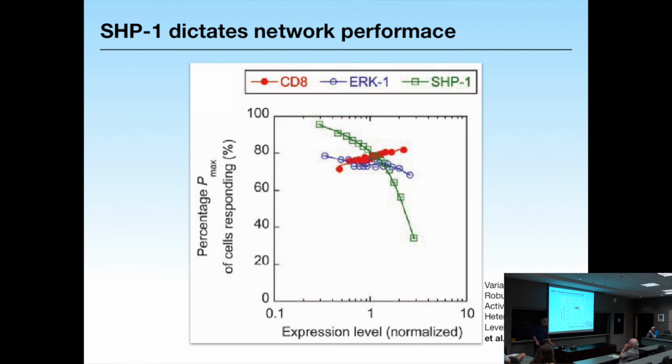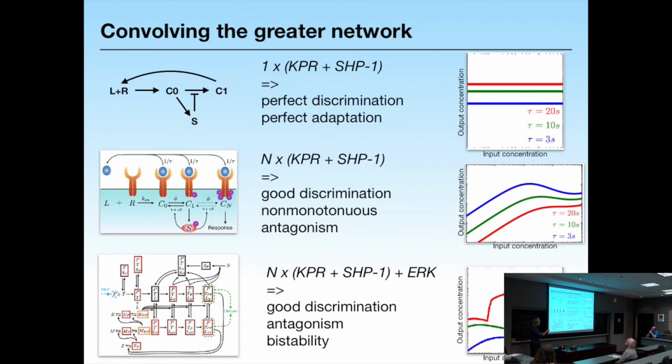So to summarize, with our models we can also compare and classify them accordingly, because we can place modules back into the network. We start with this basic thing that does perfect discrimination, here on the top, where you have one kinetic proofreading step, meaning one phosphorylation step, and then the SHIP1 activity.